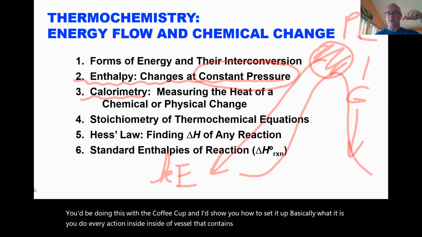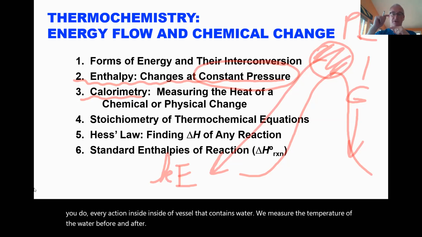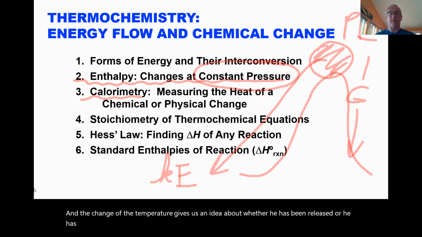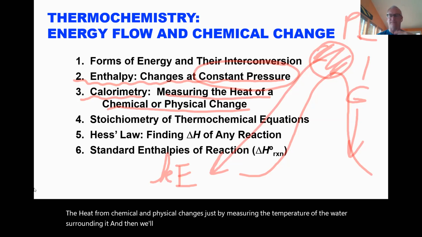We measure the temperature of the water before and after, and the change in the temperature gives us an idea about whether heat has been released or taken into the reaction. And so we can measure the heat from chemical and physical changes just by measuring the temperature of the water surrounding it.